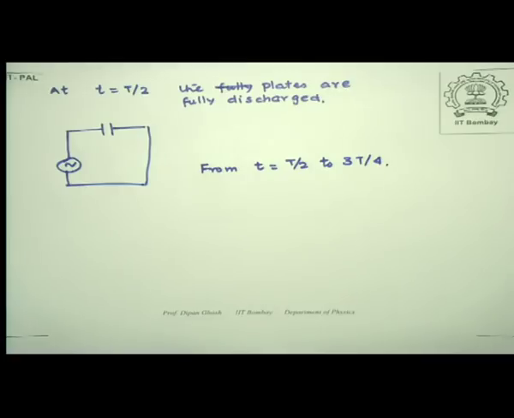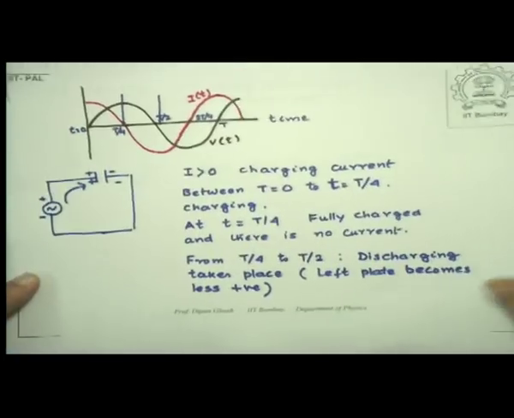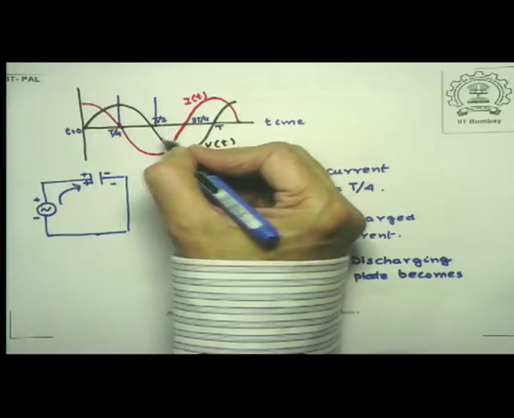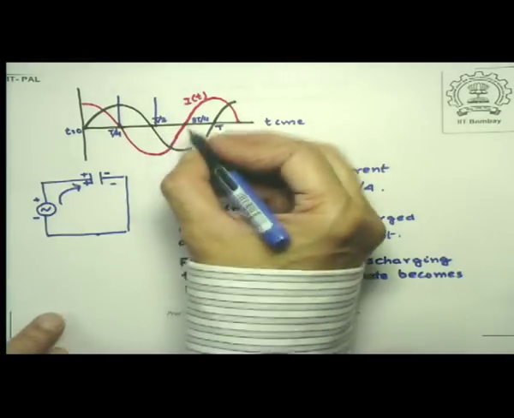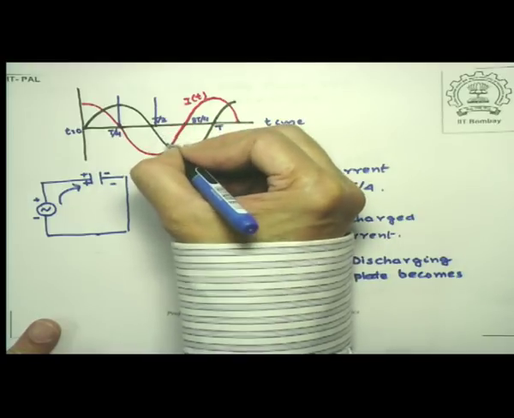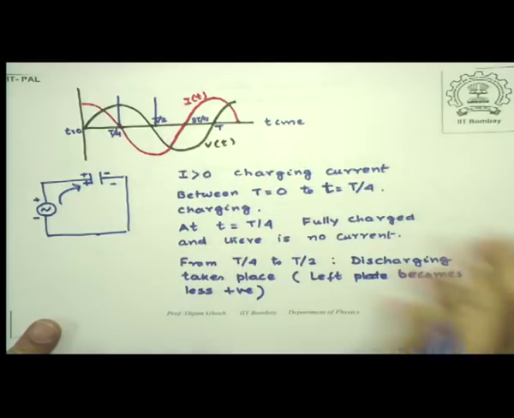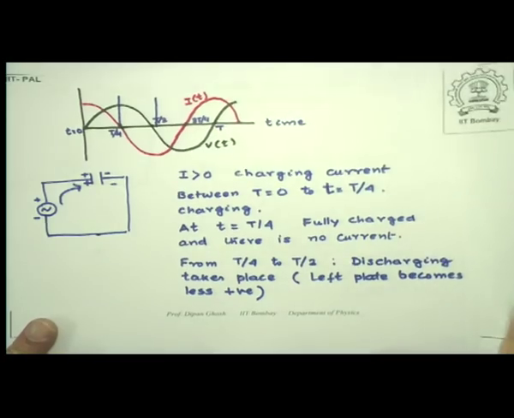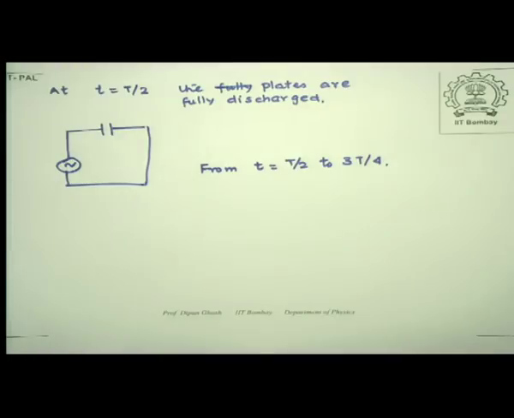Now notice what is happening in this part of the cycle. The current is negative and is increasing in magnitude. So what is happening now is this, that the direction of the current would be opposite.